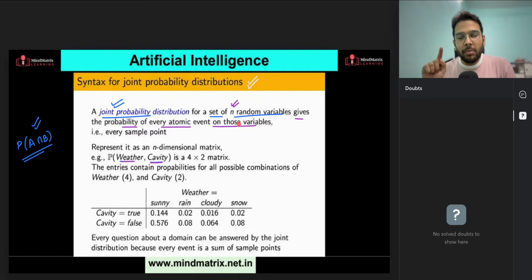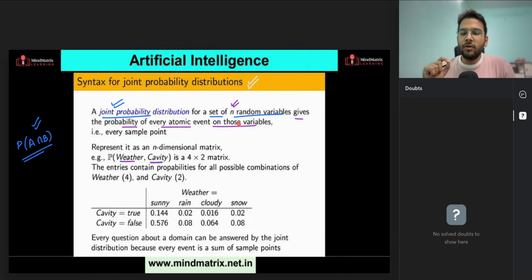So in the joint probability distribution, or you can say a joint distribution table, you will have the values of every atomic event. When I say every atomic event, that means whether it is sunny or not. For sunny you will have the value, for not sunny also you will have the value.